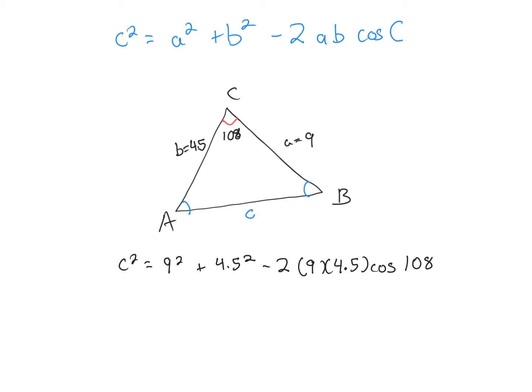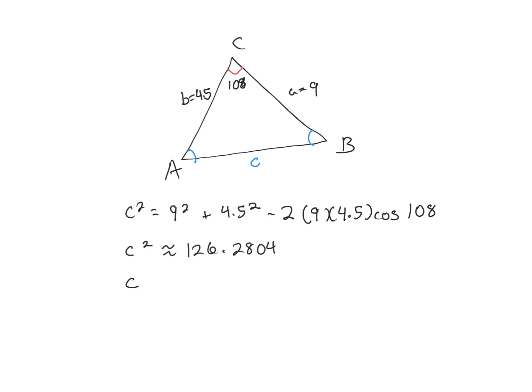So we put all that into a calculator and crunch the numbers. C squared should be around 126.2804. If I square root that, my C value in this case is 11.24.